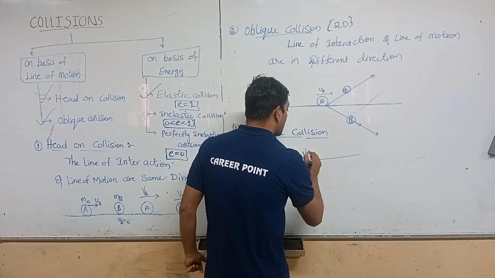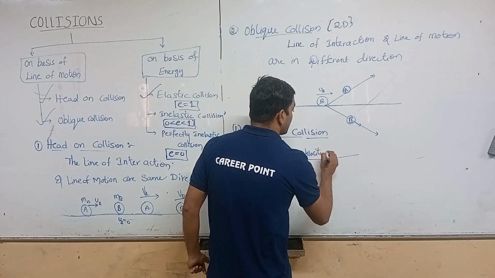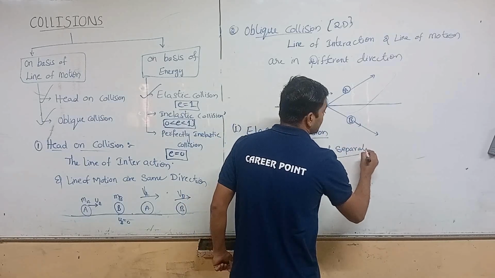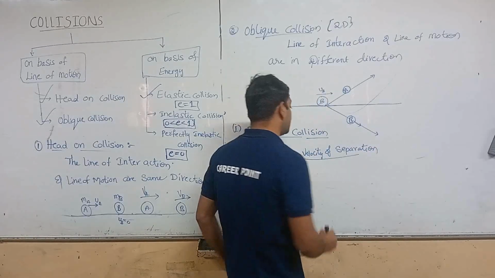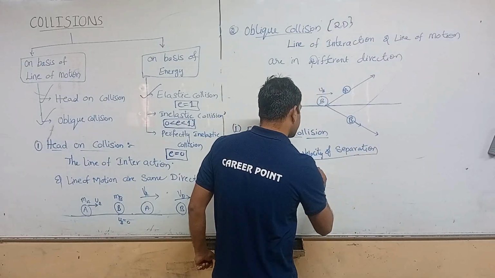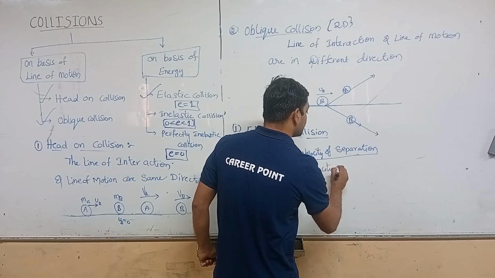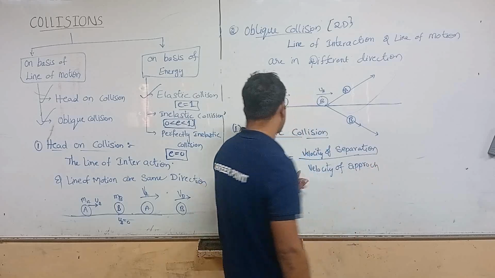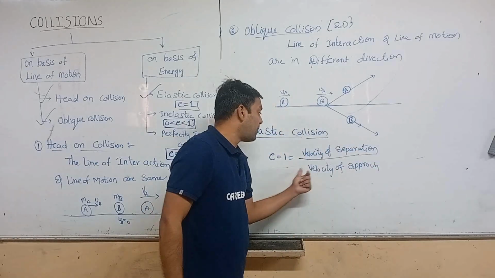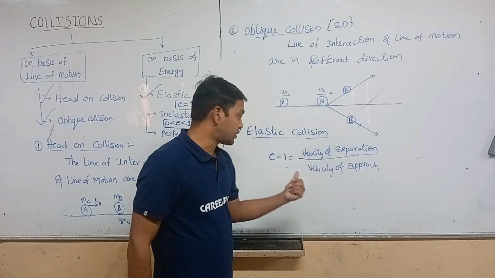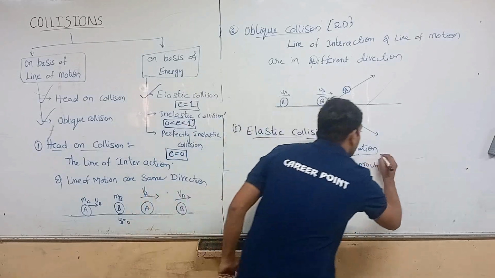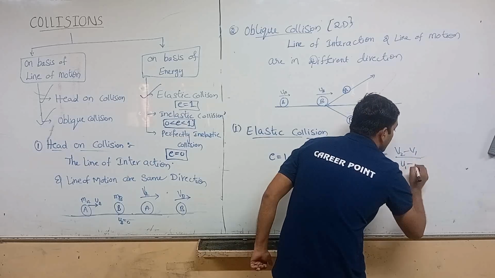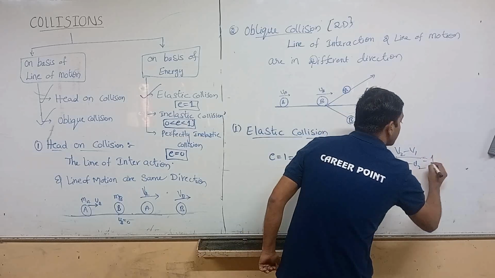It is the velocity of separation by the velocity of approach, which equals 1. That means (v2 minus v1) by (u1 minus u2) equals 1.